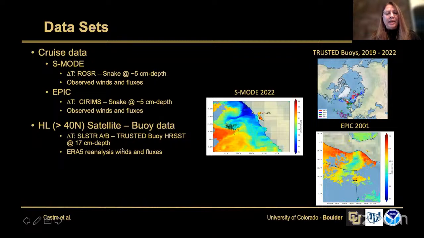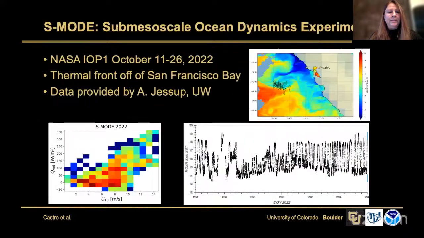They measure temperatures at 17 centimeters below the surface. For the winds and fluxes, we consider ERA5 reanalysis. As we can see in the map, I selected buoys from 2019 to 2022 for latitudes above 40 degrees north, so it's a high latitude comparison.